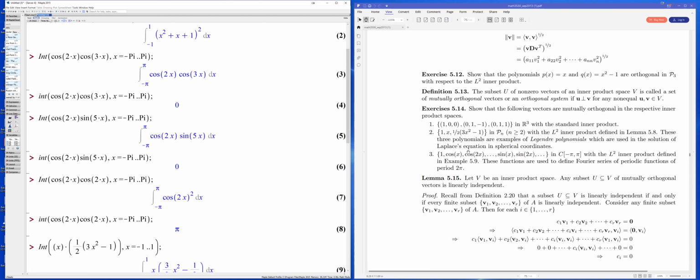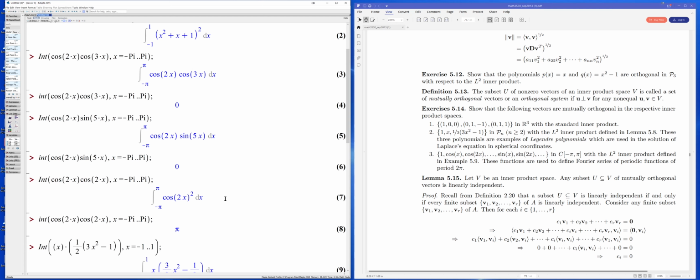Now, if you take the inner product of one of these with itself, for example the inner product of cosine with itself, which means I multiply cosine against cosine and integrate between pi and minus pi, in this case I do not get 0. This is what you expect, because remember that the inner product of a non-zero vector with itself is supposed to be bigger than 0.